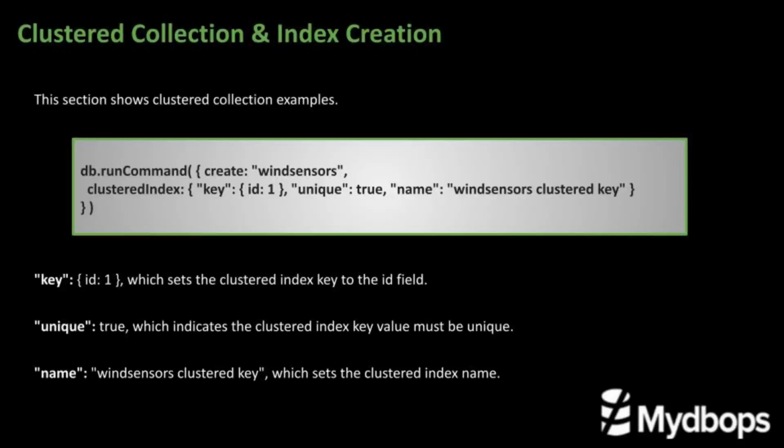Also, if your key is sequentially increasing in values, it helps increase the performance of your query as well. We also have an option to customize your clustered index. Here we are setting the clustered index name as WinSensor's cluster key to identify it uniquely from all other existing collections' indexes.